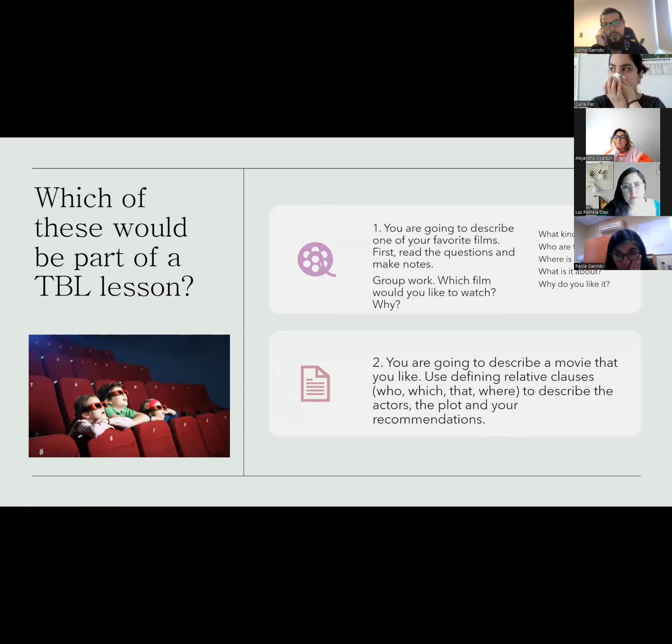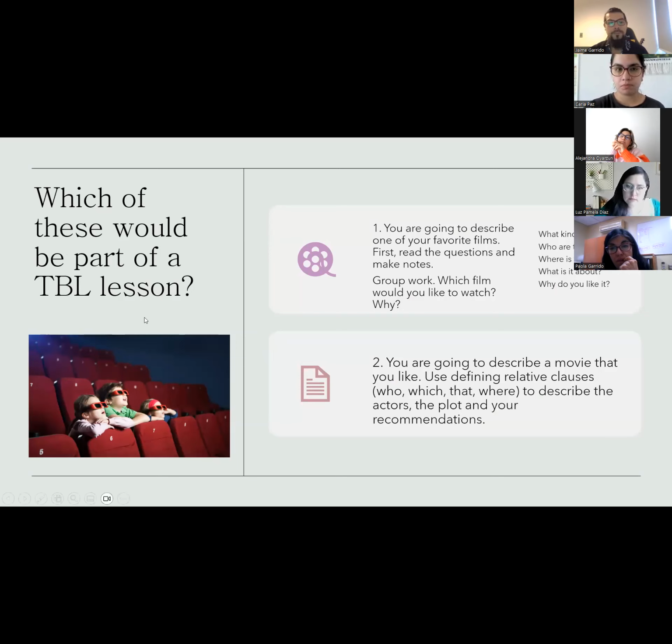Number one says you're going to describe one of your favorite films. First, read the questions and make notes. So there are some questions on the right. What kind of film is it? Who are the actors, where's the set, etc. Then group work: which film would you like to watch out of whatever the group suggested, and why.